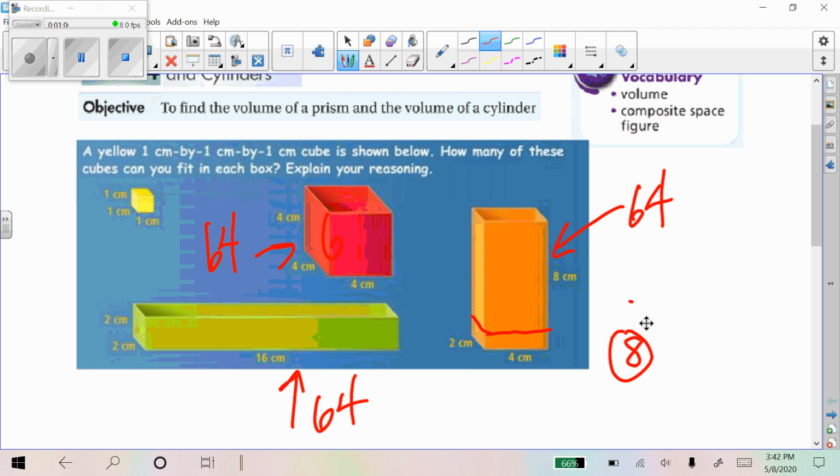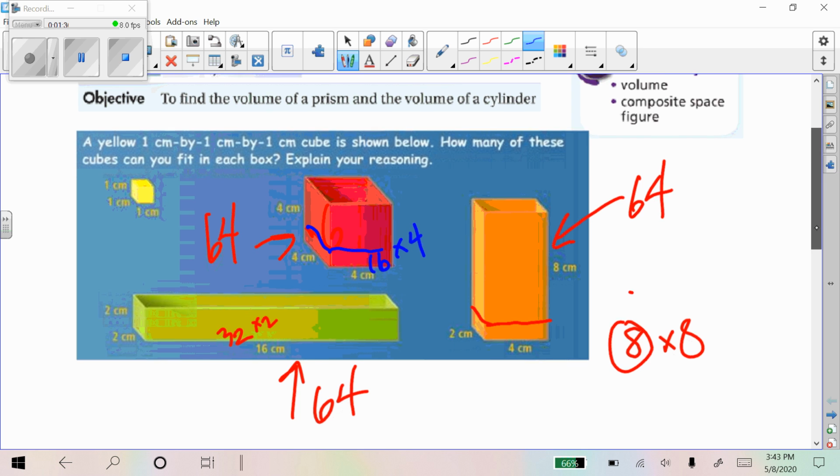And then there's going to be 8 layers. The height is the number of layers. So 8 times 8. On this one, there's 32 in the bottom layer, and then the height is 2, so 32 times 2. In this one, there is 4 times 4, 16 in the bottom layer, and it's 4 high, so 16 times 4.